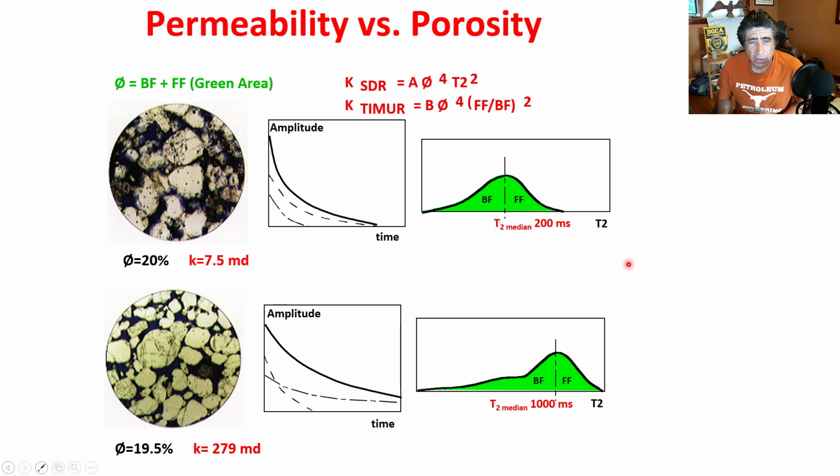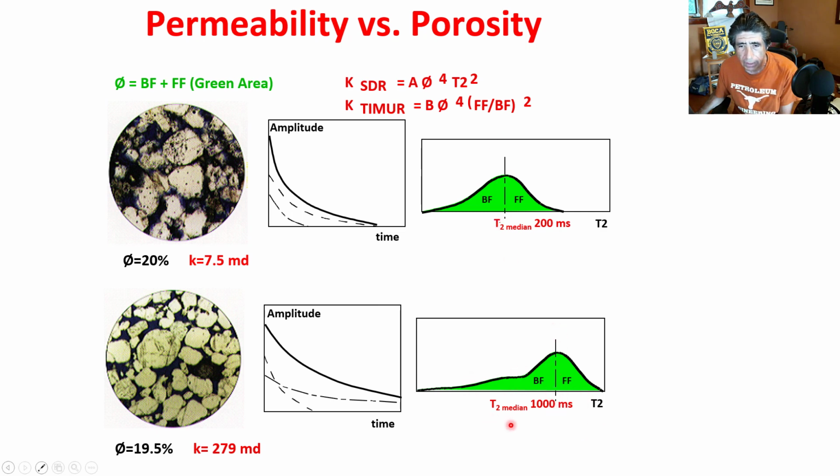All right, and here is another way of saying the same thing, that we have different amplitudes of decay for the two rocks. The amplitude of proton magnetization begins with the same values, but the decays are not equally fast. And that causes differences in the T2 median of the two distributions.